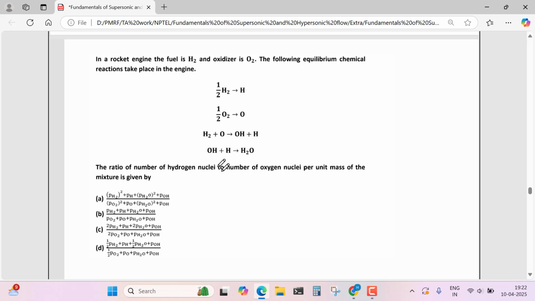So in this problem we have to find the ratio of the number of hydrogen nuclei to the number of oxygen nuclei per unit mass of the mixture.